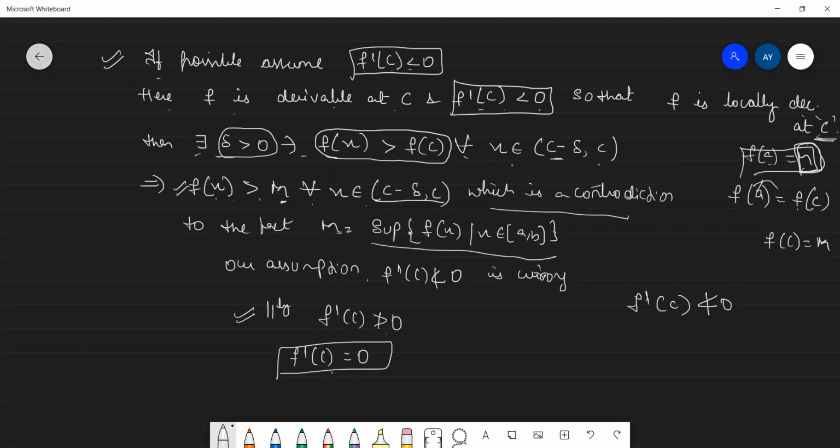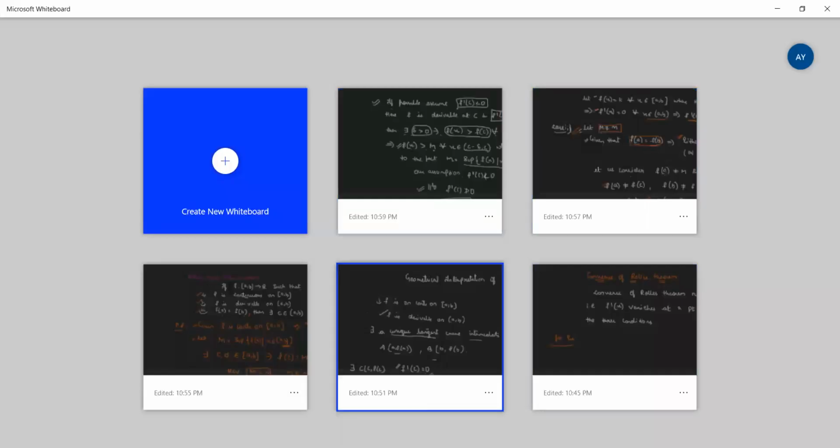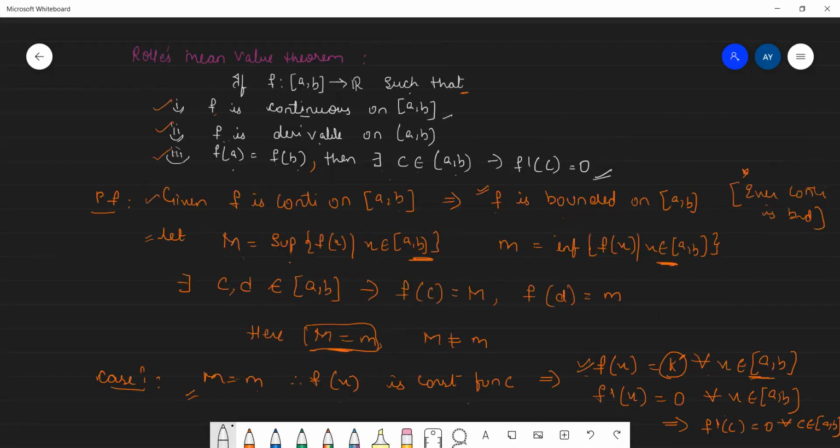So what did we first take? First, we just took f is continuous and then f is derivable, and f of a equals f of b. Then there exists C belongs to a comma b. Then we had two cases: M equals m, and M is not equal to m.